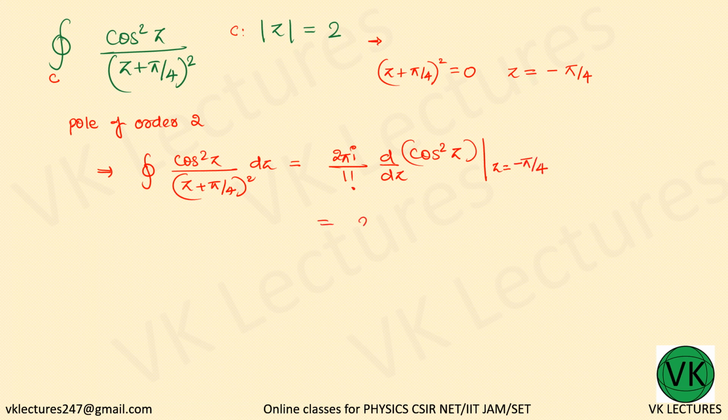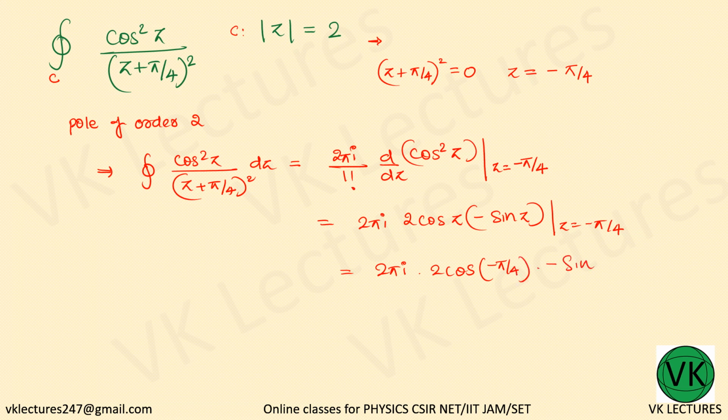Now that's equal to pi I, first derivative of cos square z, that is 2 cos z, cos z derivative minus sin z, at z equal to minus pi by 4. So that's equal to 2 pi I into 2 cos of minus pi by 4 into minus sine of minus pi by 4.